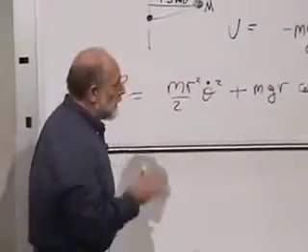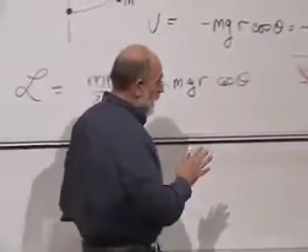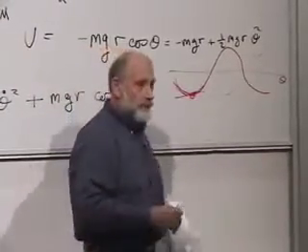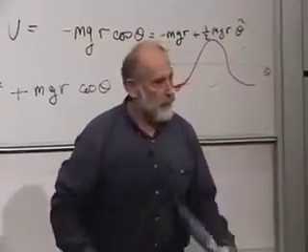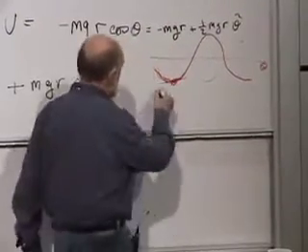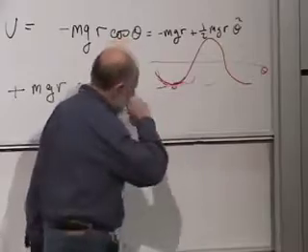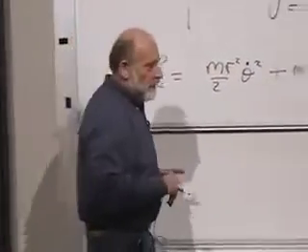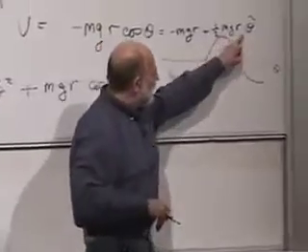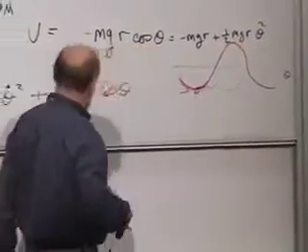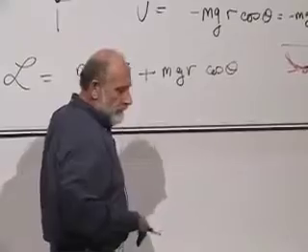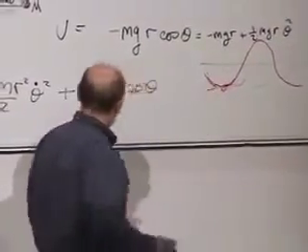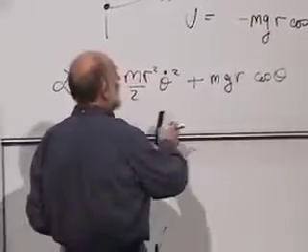Any function which has a smooth minimum like this, typically will be approximated by a parabola. Well, that's not quite true. It could be flatter than a parabola, but that would be an exceptional situation. But typically, when a function has a minimum, you can approximate it by something proportional to theta squared. If you did so, and you ignored the constant in the energy, which is of no particular importance.